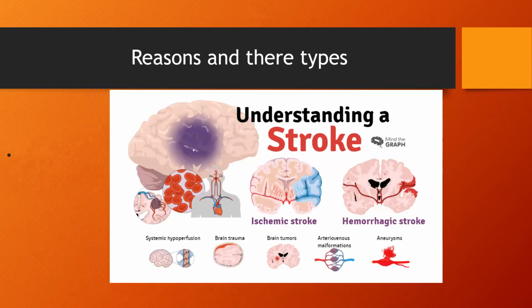So I think you understand the reasons why a stroke is going to happen: because of stenosis, thrombosis, embolism, hypercholesterolemia, hypertensive blood disorder.